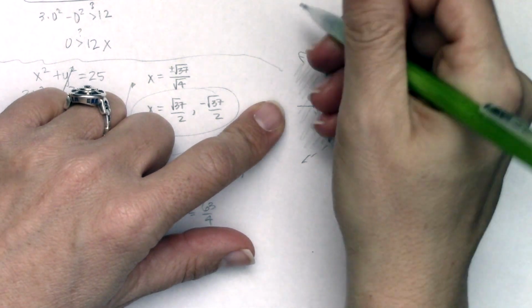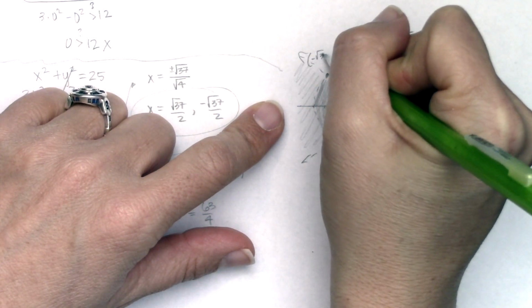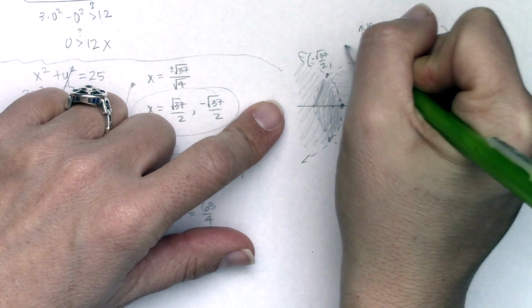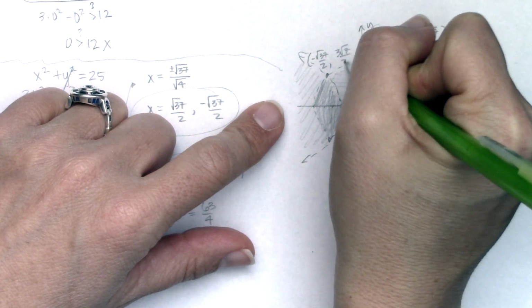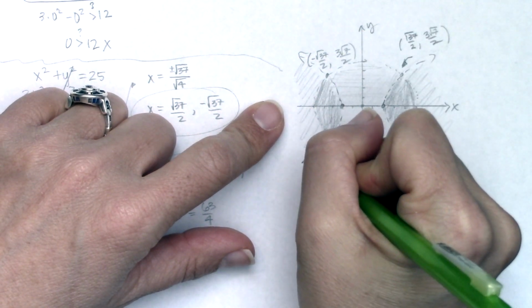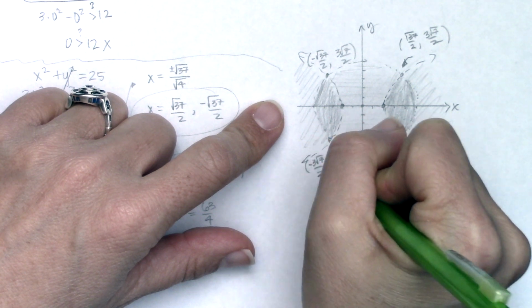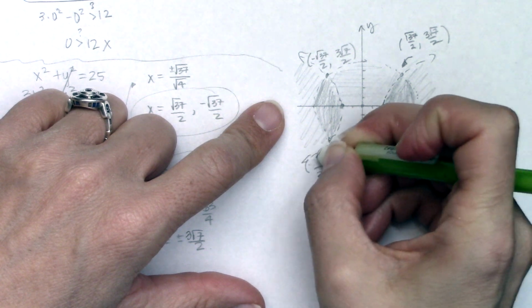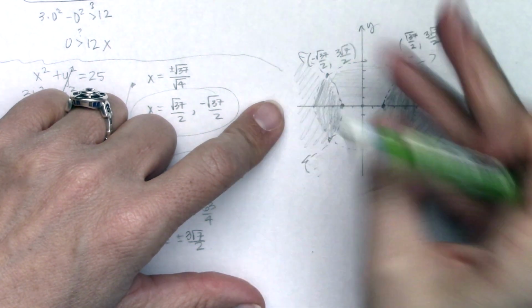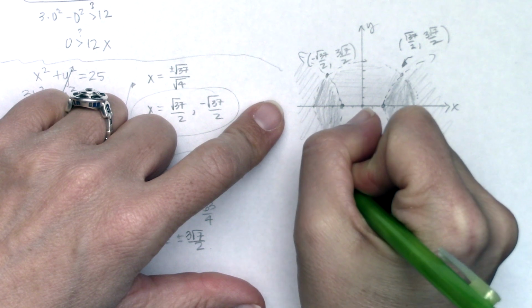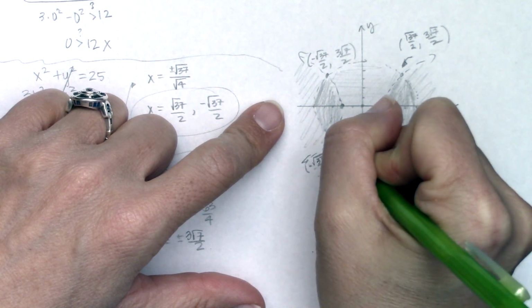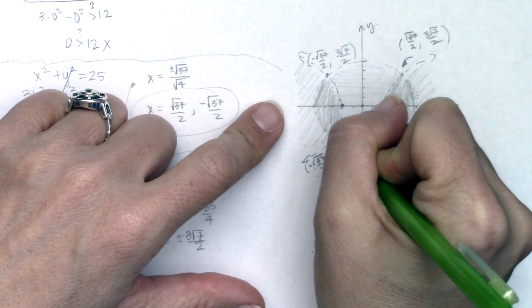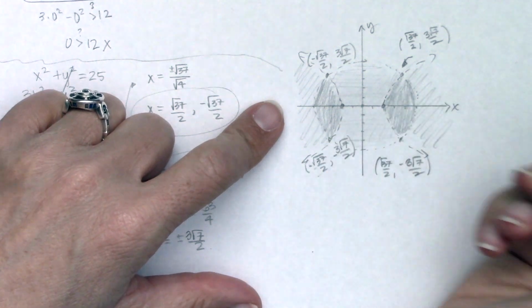I'm going to have negative square root 37 over 2 and then positive 3 root 7 over 2. And here, oops, sorry, I realized I did that wrong. Let me fix this. This should be negative square root 37 over 2 and then negative again 3 root 7 over 2.